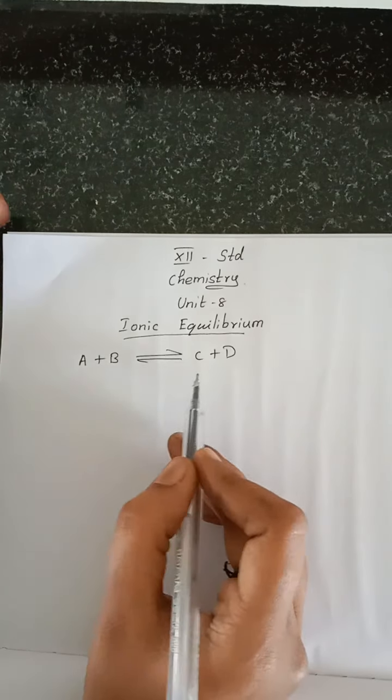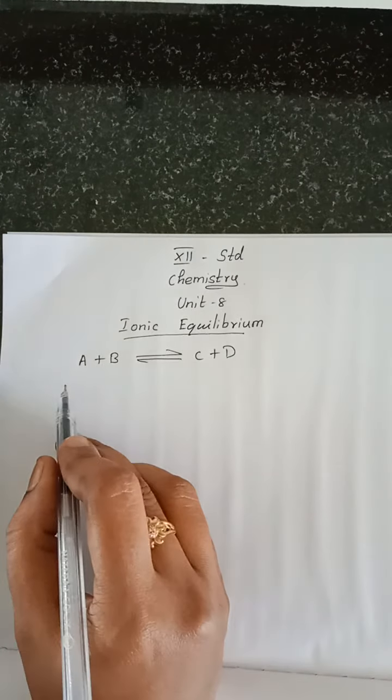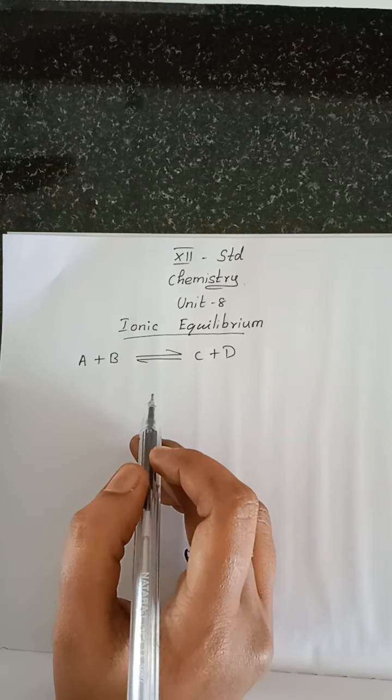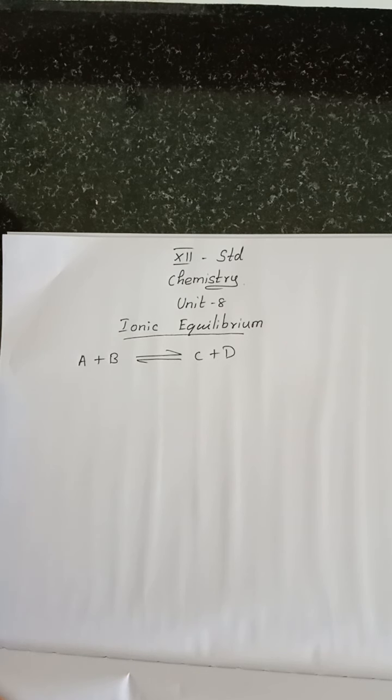A plus B giving C plus D is the forward reaction, and C plus D giving A plus B is the backward or reverse reaction. In this reaction, the concentrations of reactant and product are equal.